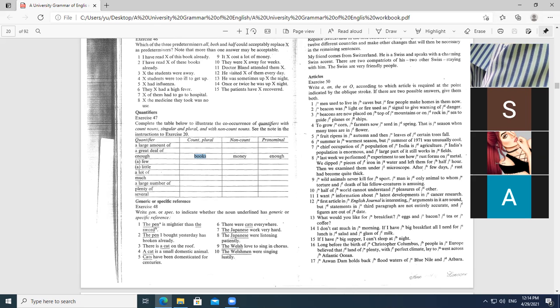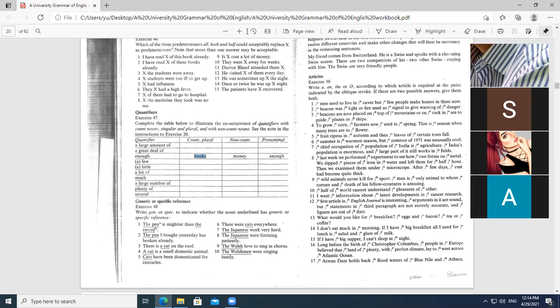Leave them for half an hour, because before the noun, half is an adjective. We use articles with nouns, not with adjectives.